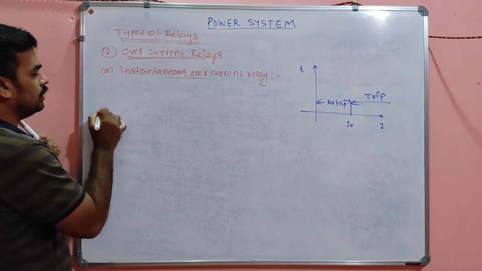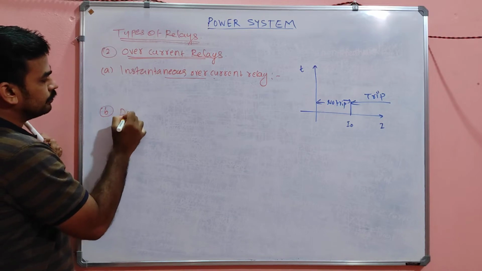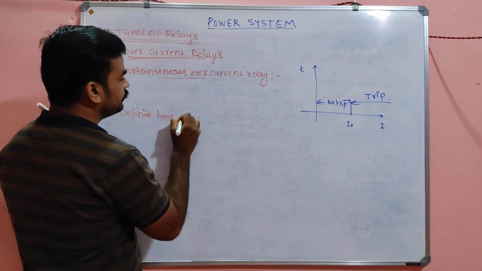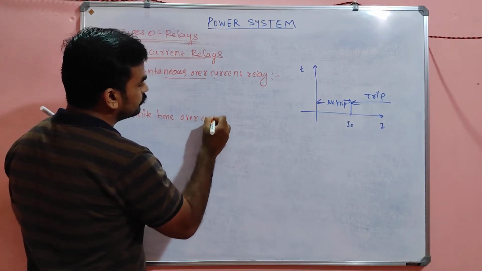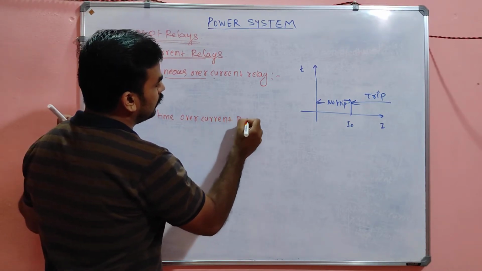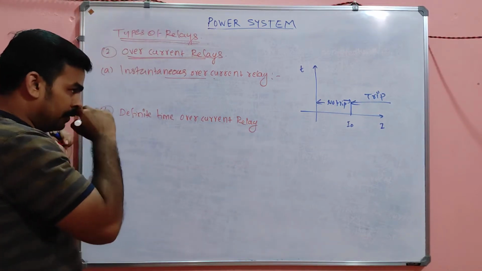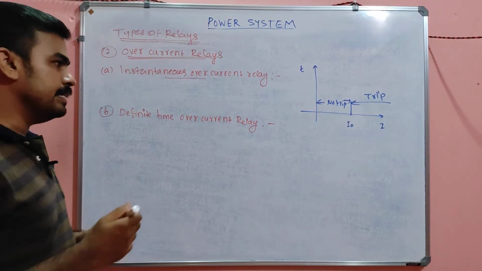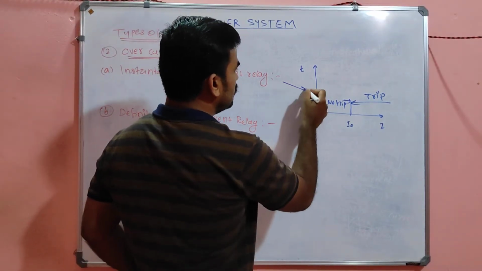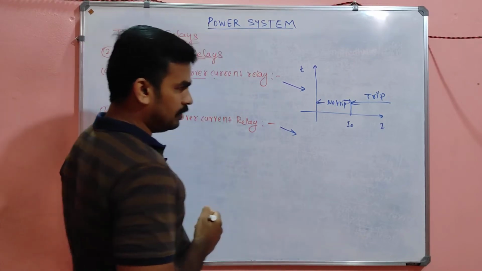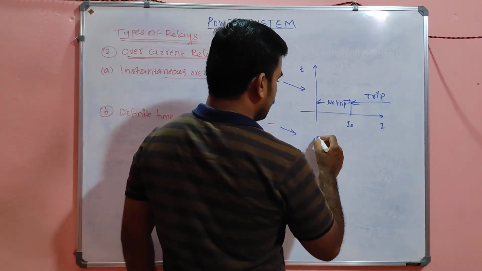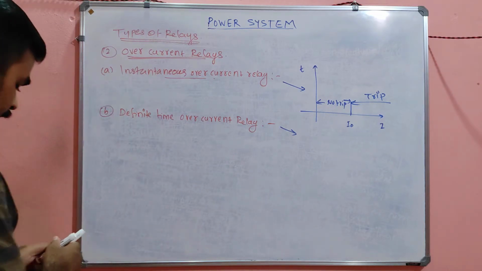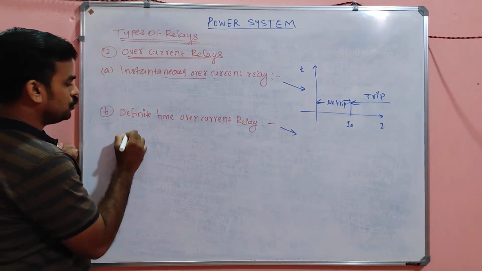Next one, definite time overcurrent relay. Here, my dear, as the name indicates, definite time overcurrent relay means we have to satisfy two conditions.